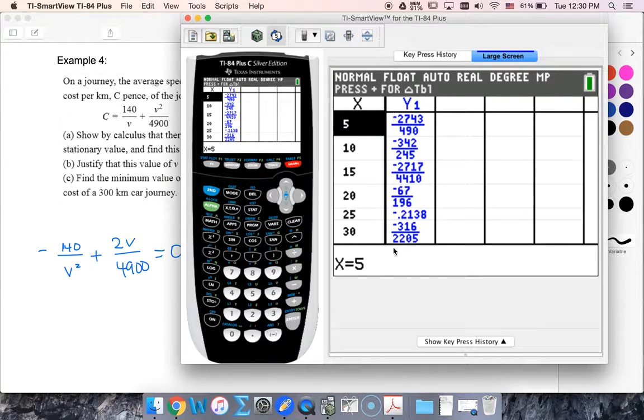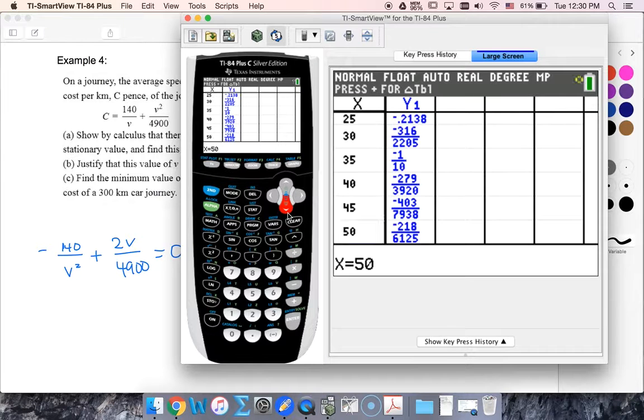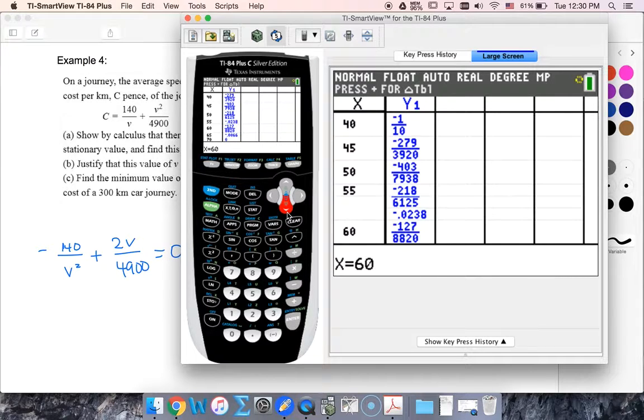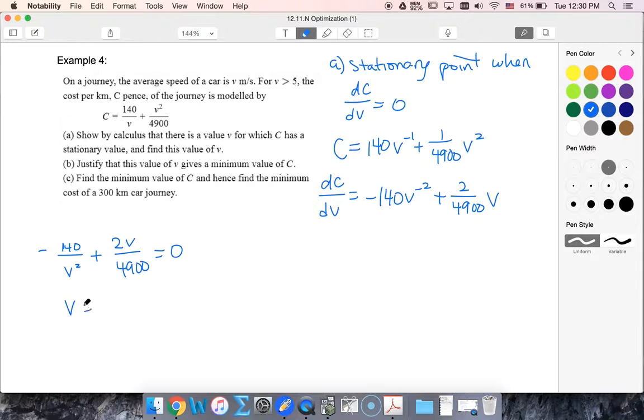So I go from negative values, and hopefully at some point they become positive. So all of these are negative and negative. Here I've got 0, and then it becomes positive. So I can see just from my table of values that I must cross at V equals 70.